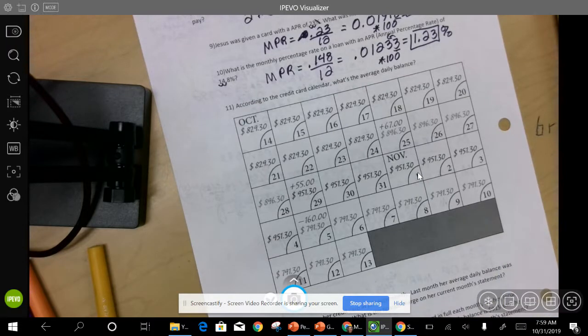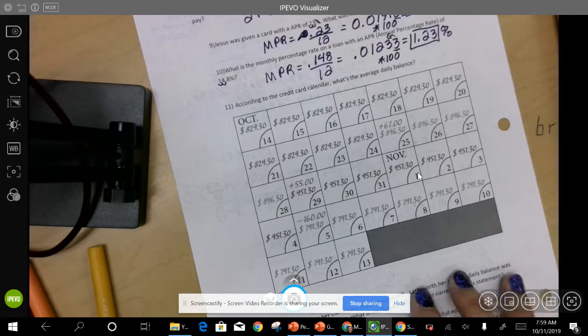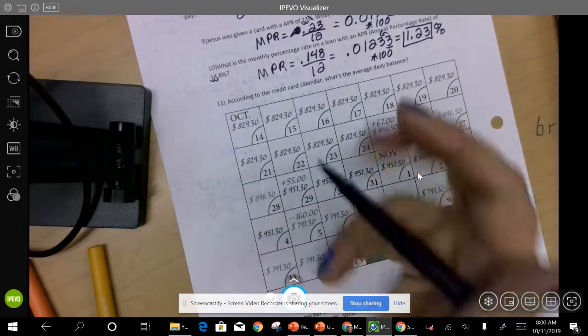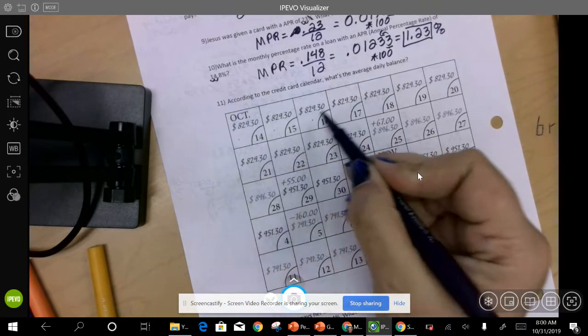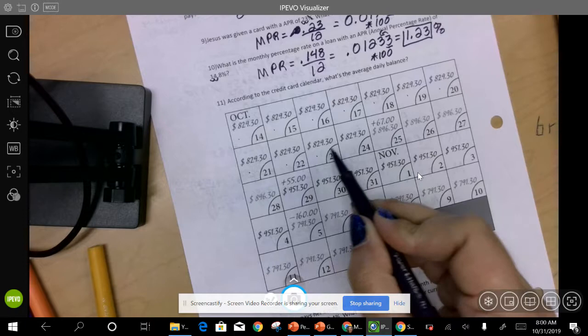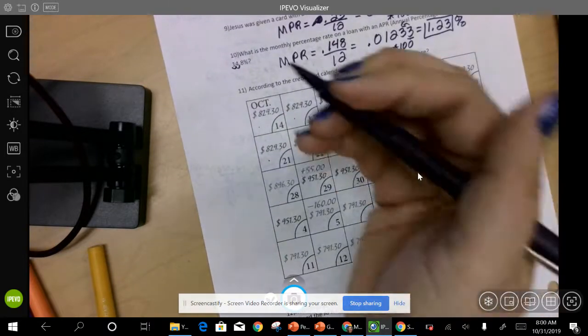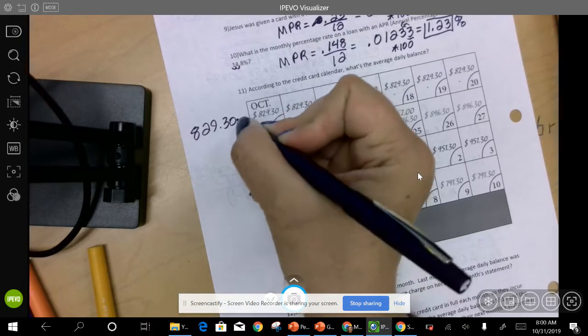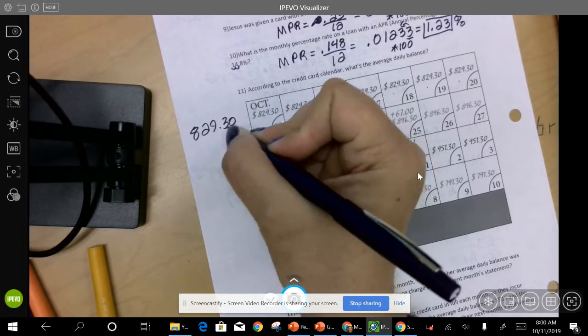Okay, so on this one, everybody, we have to do all this. We're going to figure it out for all the days. What's the average daily balance? So we look at how many of them we have here. There's 1, 2, 3, 4, 5, 6, 7, 8, 9, 10, 11. 11 days with that balance, so that one's going to be times 11.